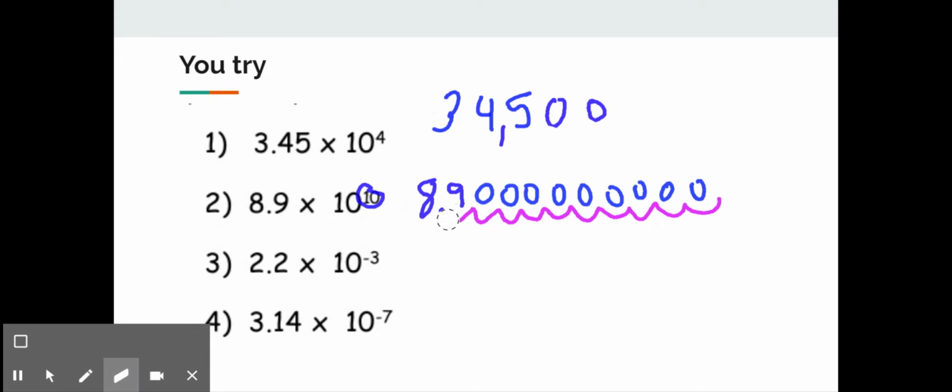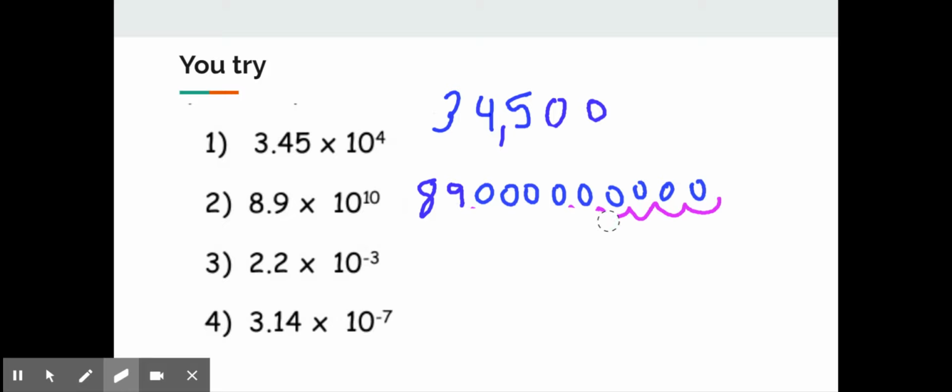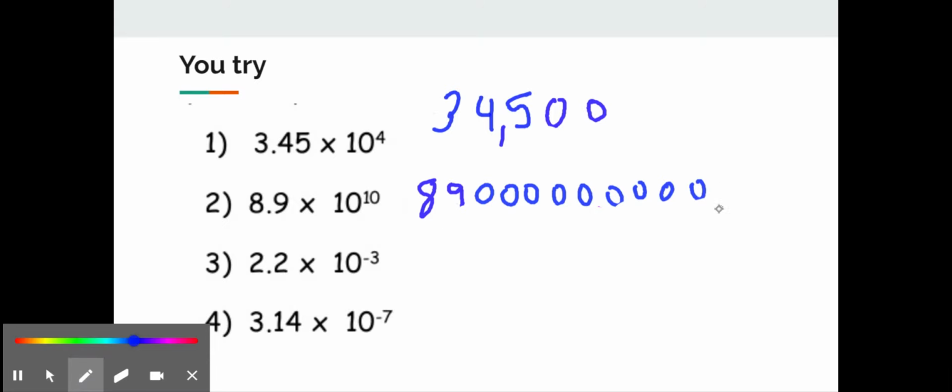And again, let's clean it up a little bit. Let's put a comma every time you count 3 digits from the right.